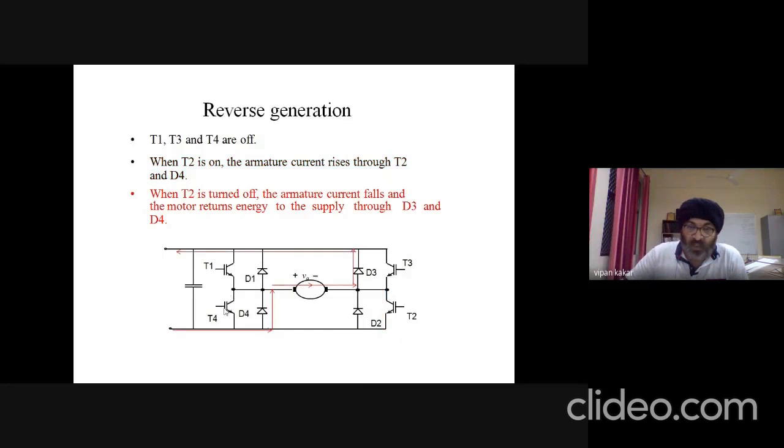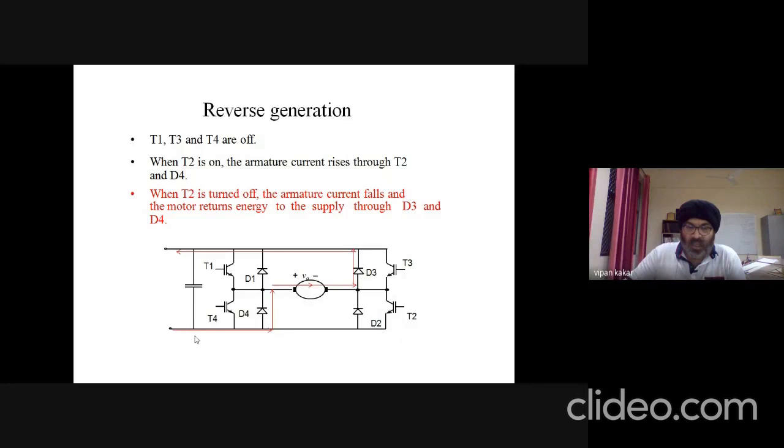And now when T2 is also turned off, the freewheeling action starts. And this freewheeling action, we know, will decay the current, or will ramp down the current. So whatever energy was stored in the armature now starts to release through freewheeling diodes.